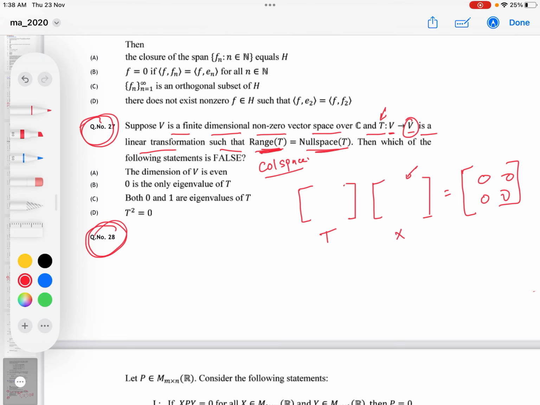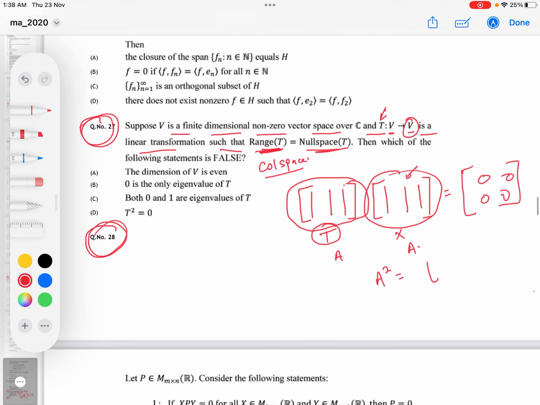And according to the question, whatever the column is here, that same column should be in the null space also, right? So if you look closely, these two matrices are the same, right? And let's take this as A, then it will also be A, right? So A square is equal to this zero matrix, right?